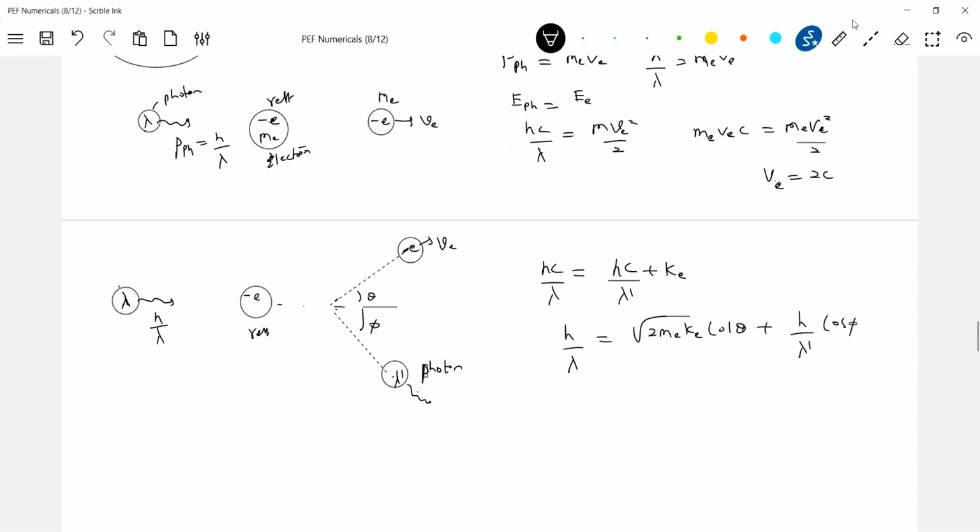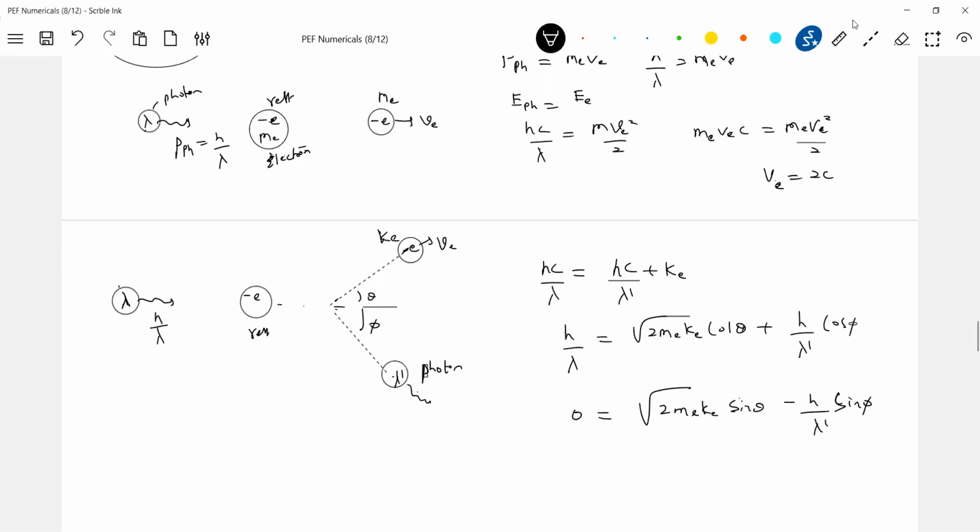Then along the y-axis, 0 is equal to root of 2 m_e KE sin theta minus h by lambda dash sin phi. K is the kinetic energy of electron. This is called the Compton effect.